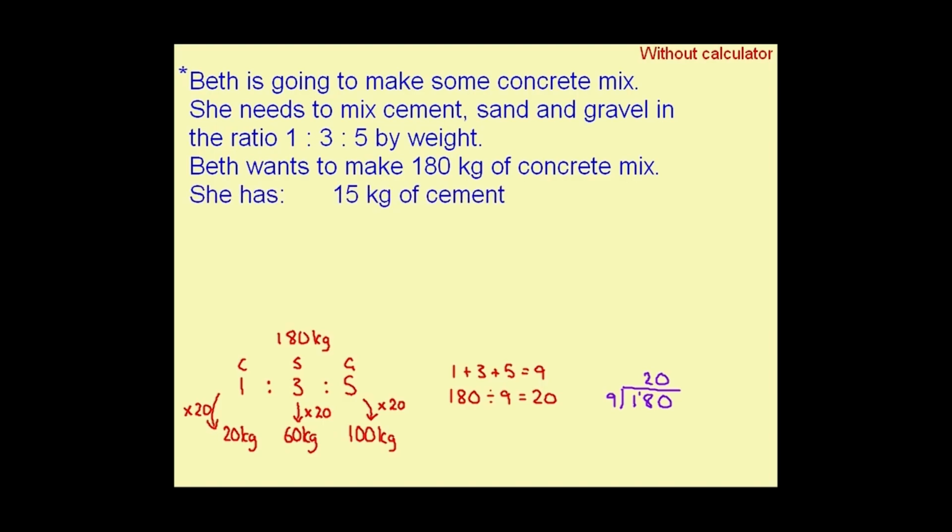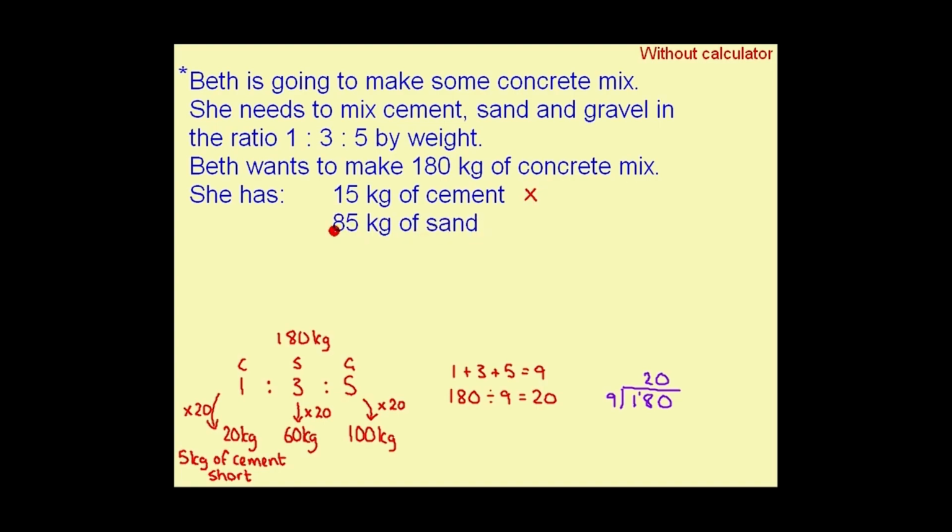The next line of the question tells me that Beth has got 15 kilograms of cement. I can see that 15 kilograms is not enough to make 180 kilograms of concrete because she needs 20 kilograms of cement. So she's 5 kilograms of cement short, so she doesn't have enough cement.